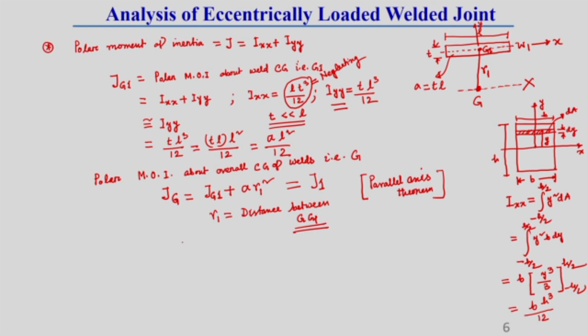So, Jg will be how much? Jg1 I have already found out from equation 1, which is A L square by 12. And A into R1 square is also known to us. So you can say this is the area of that weld times (L square by 12 plus R1 square).